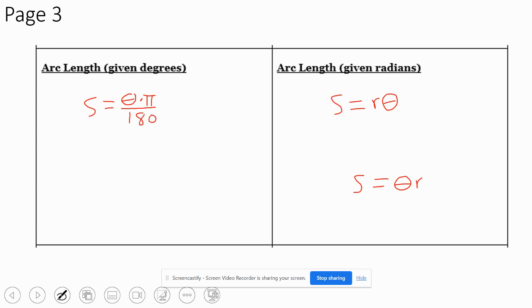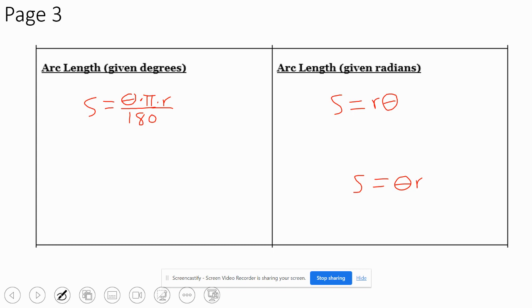And then you can multiply it by r. You could put that times r off to the side, or you could put it in the numerator as well. Sometimes it'll be easier to do the calculation if you just see it in the numerator. So theta pi r over 180.